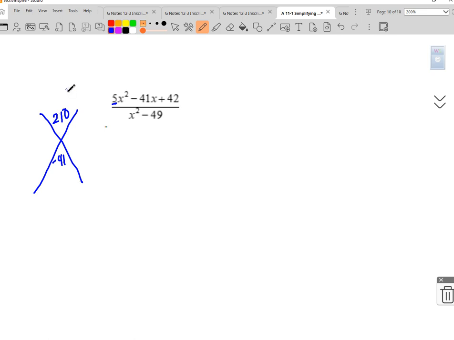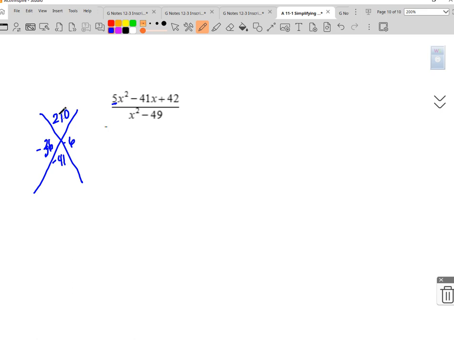So let's see, 6 and 35, so 210 divided by 6 is 35. Yay, Jacob Strunk. 36 and 6. So negative 36 and negative 6, if you multiply those together, you get a positive 210.